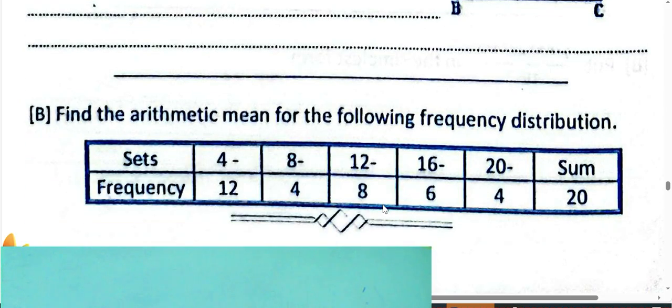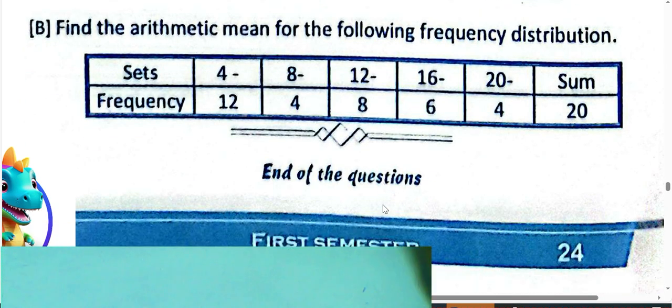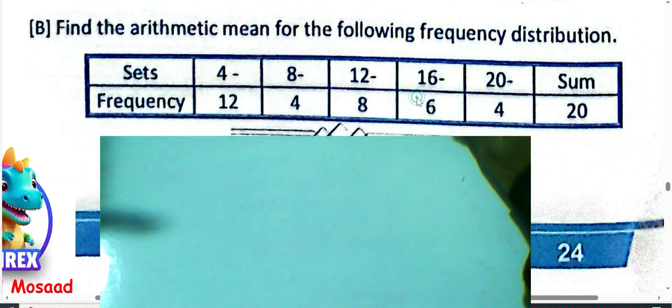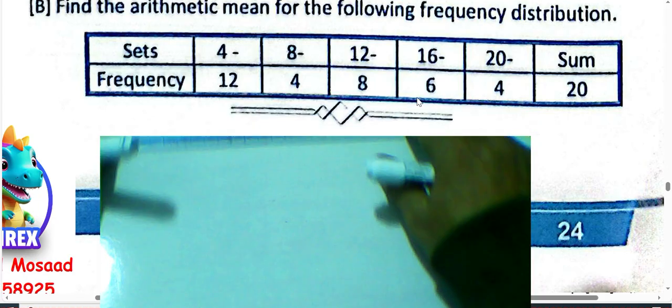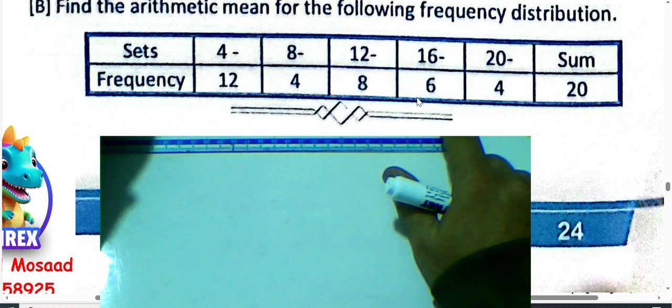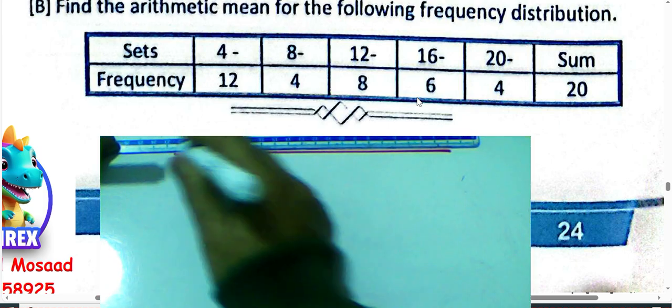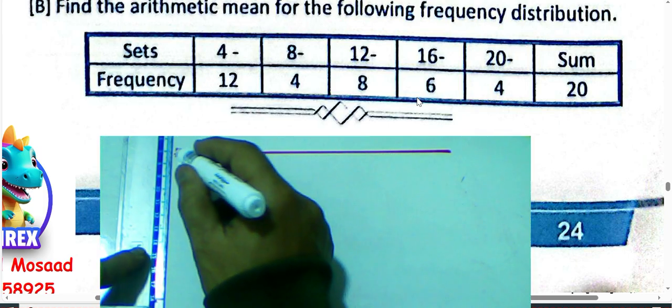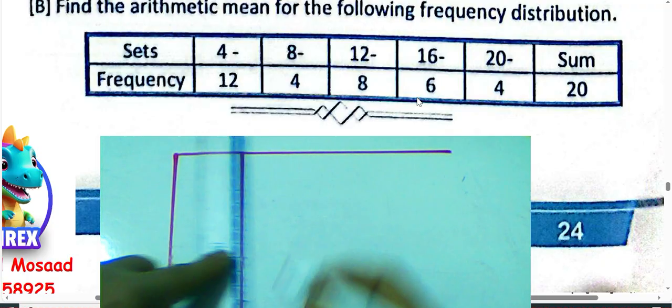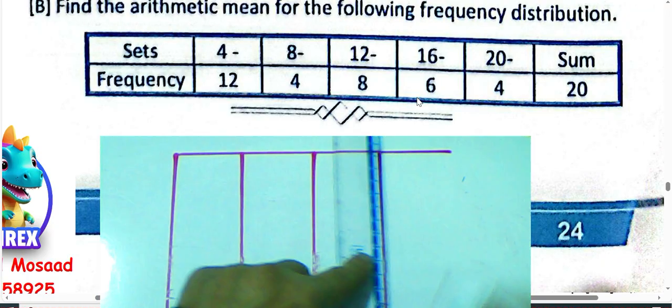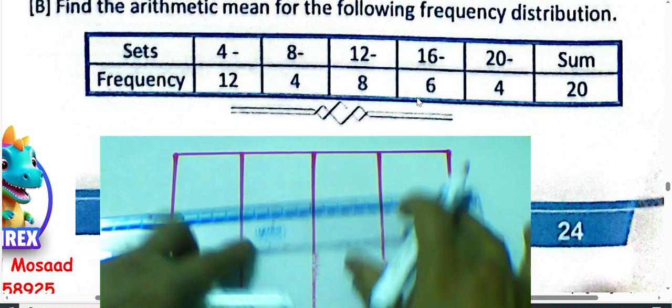Okay, next question. Here he wants to find the arithmetic mean of this table. Do you know? It's an easy method. You can draw a table and divide it into 4 parts: first part, 1, 2, 3, and 4. Like this.